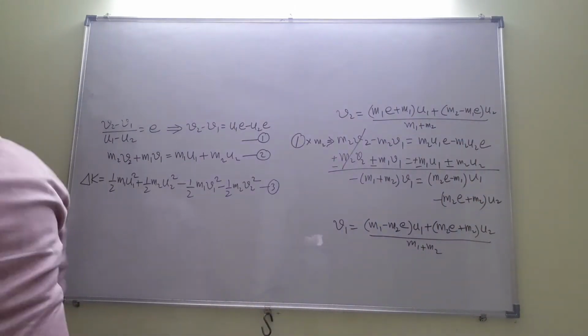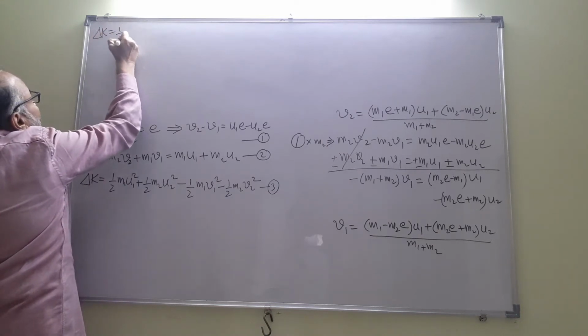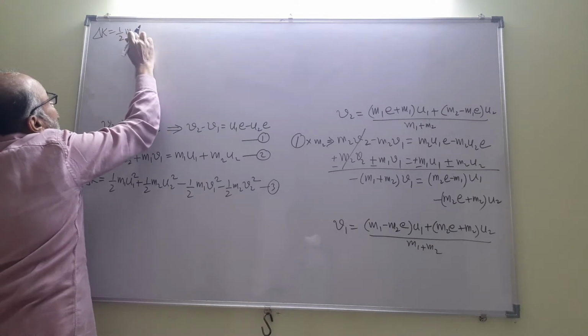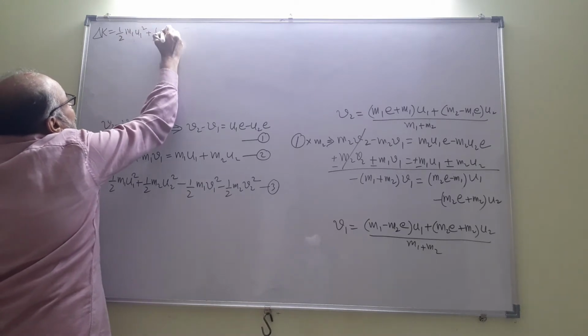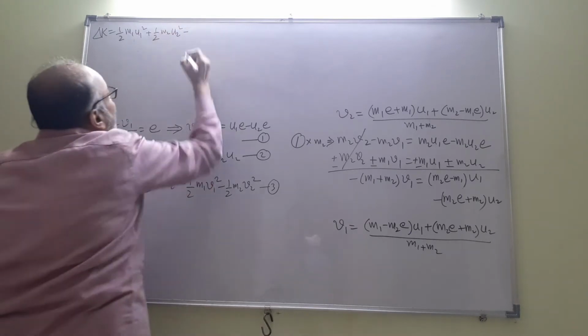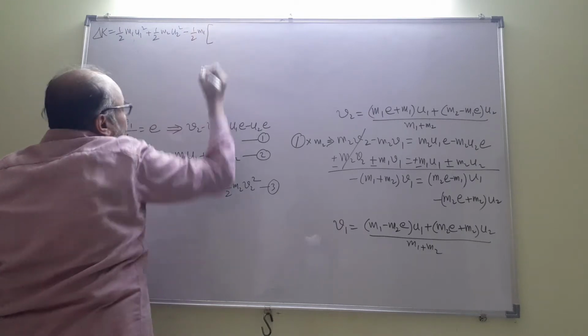So I'll have delta K as half m1 u1 squared plus half m2 u2 squared minus half m1 v1 squared. V1, what is v1?